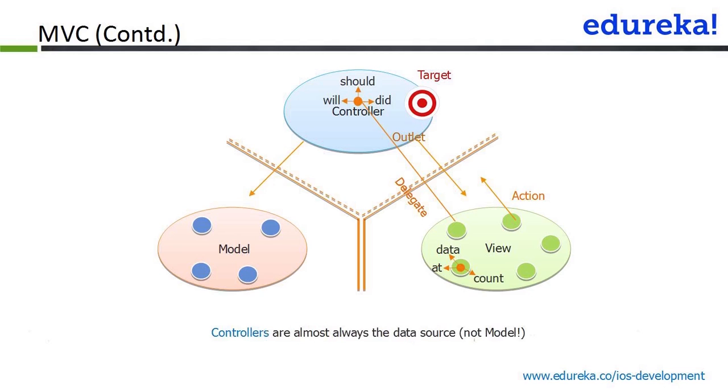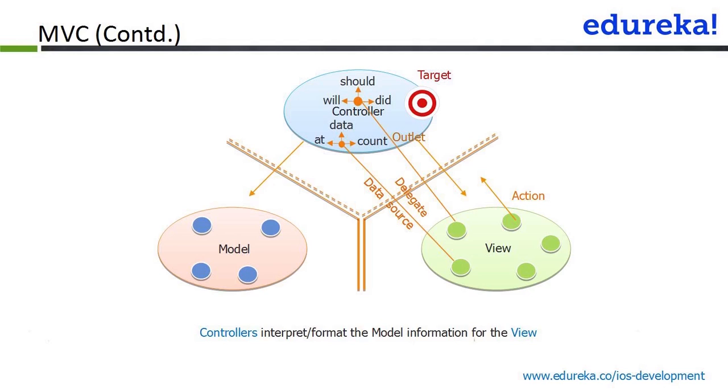So in other words, controllers are almost always a data source and not the model for the view. As far as the view is concerned, all the data is coming from the controller. It's blind to the underlying implications of where the controller gets the data from. And controllers interpret or format the model information for the view.